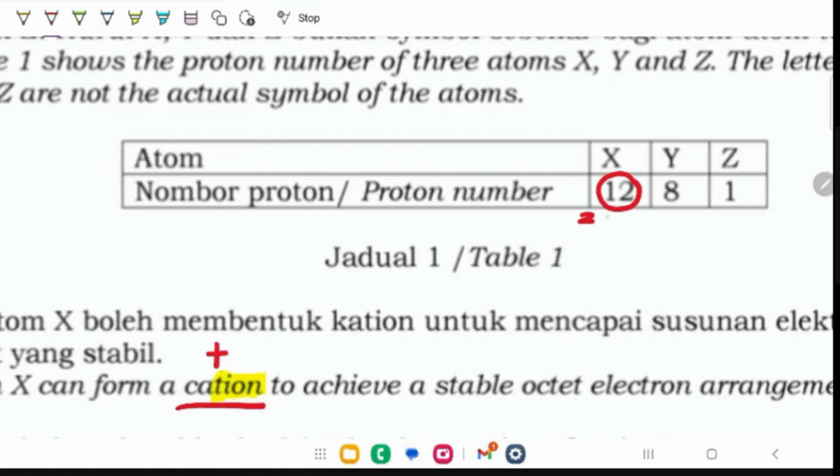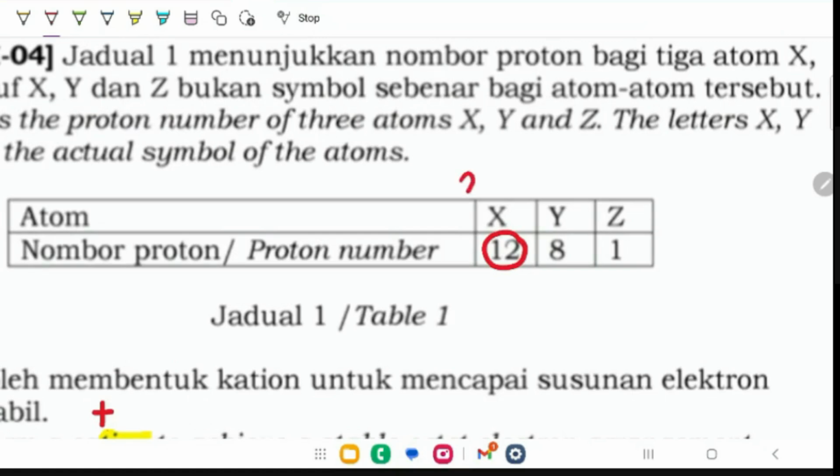2 8 2. So how to achieve octet electron arrangement? Release 2 valence electrons. X atom releases 2 valence electrons to form what ions?